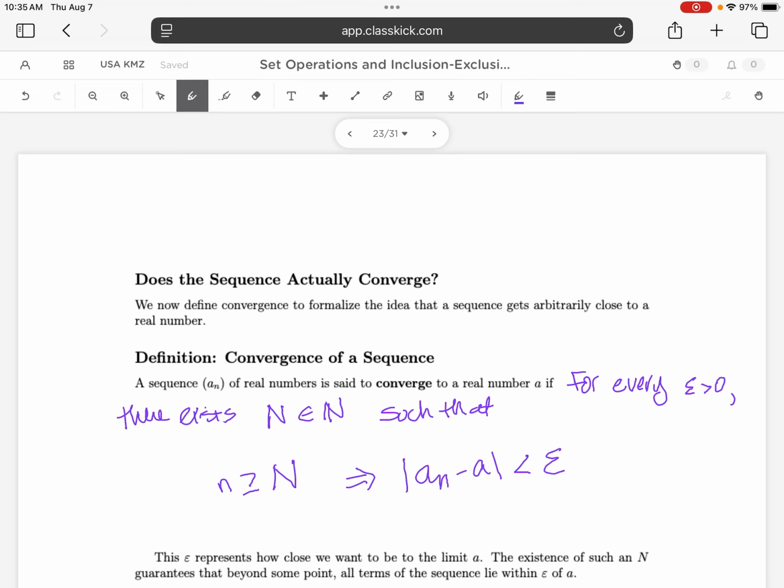So I'm using this right arrow to make an if-then statement, right? If n is greater than or equal to N, then the distance between a_n and a is less than epsilon.